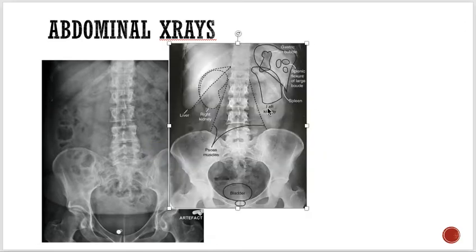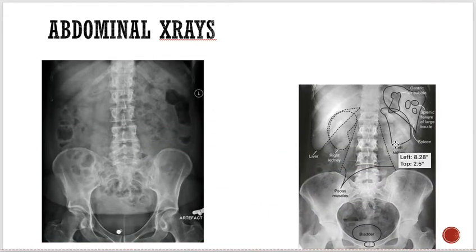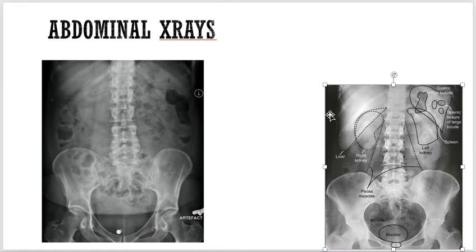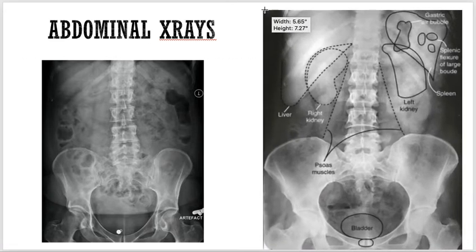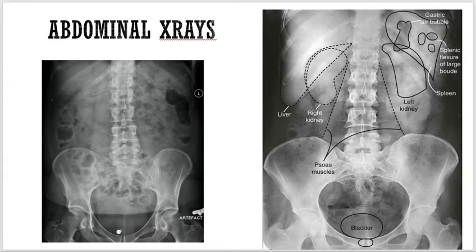So now one very important point, guys, remember, this is the normal anatomy abdominal X-ray, right? That's what I'm including over here. Abdominal X-rays, by the way, guys, expose the person to much more radiation as compared to a chest X-ray.